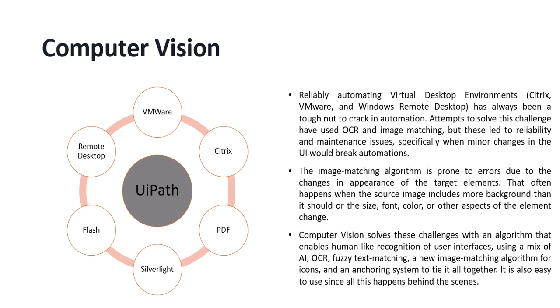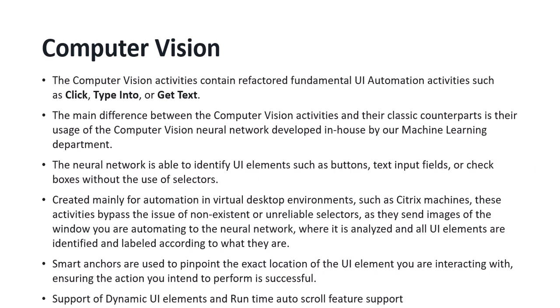It uses a screenshot of the screen, and from that it is able to read the details and do automation. It supports smart anchors, dynamic UI elements, and the auto scroll feature as well. So this is the summary of the use of computer vision inside UiPath and why UiPath has come up with this very good feature called computer vision.